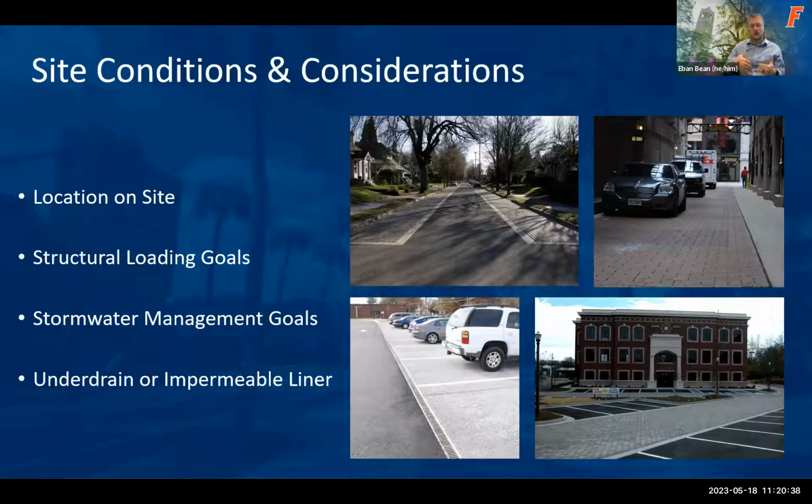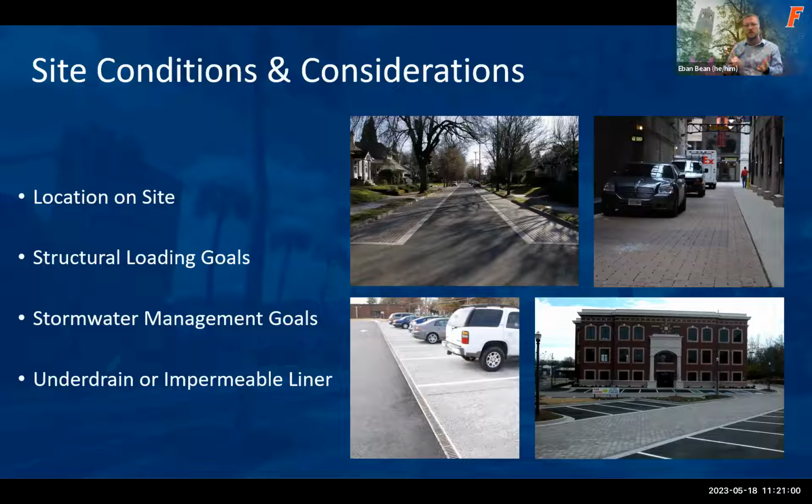You also want to look at what your structural loading goals are. You'll want to design this differently if you have just vehicles parking on it versus having regular, heavy vehicle traffic moving through there. As you notice in the upper right-hand corner, I'm not sure if you can see in the back, it's a FedEx truck on this permeable alley.